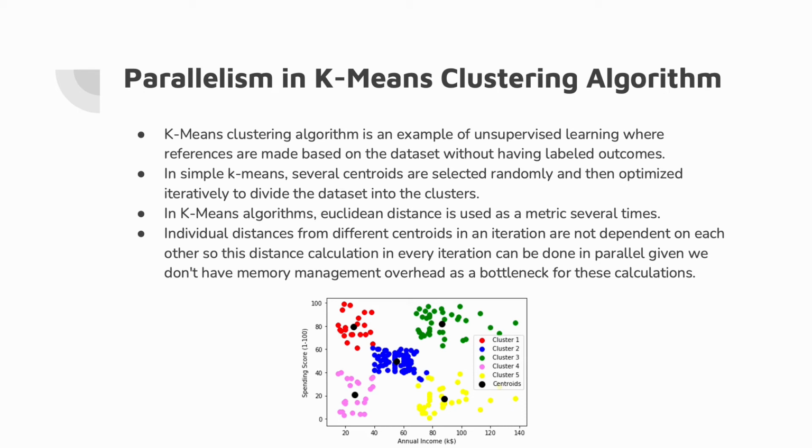So in a simple k-means algorithm, like we can see in the figure, there are many data points and now we choose k centroids selected randomly and then we calculate the distance iteratively to divide the dataset into clusters. In the k-means algorithm we use Euclidean distance as the metric.